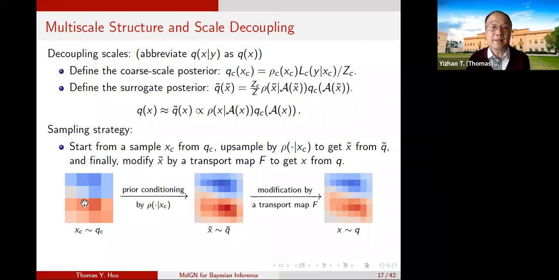So this is how we turn this into a sampling strategy. Suppose that we start from a very coarse grid XC, say a 4x4, which is a low-dimensional problem. We can very easily train to get QC, using existing methods like MCMC or HMC. Then we use what we call prior conditioning, which gives you Q tilde based on the knowledge of the target distribution QC and the conditional probability.